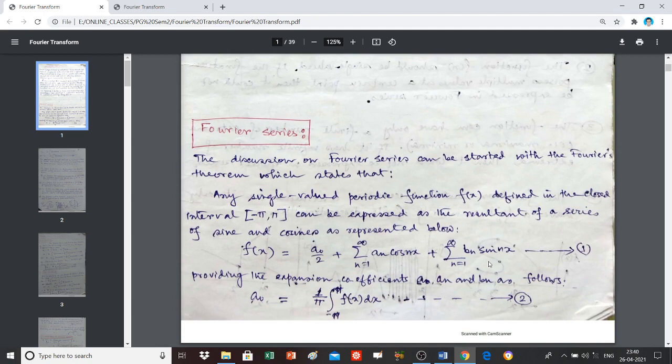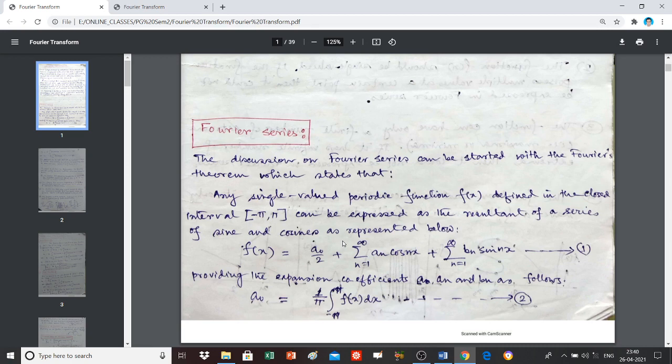The Fourier series can be defined in such a way that if you have a single valued function f(x), defined in the closed interval minus pi to plus pi, then according to the Fourier theorem, f(x) can be expressed as a series of sine and cosine terms.